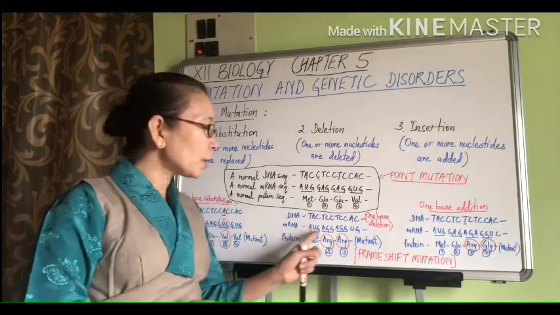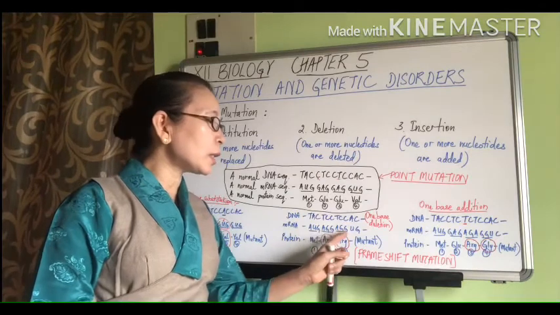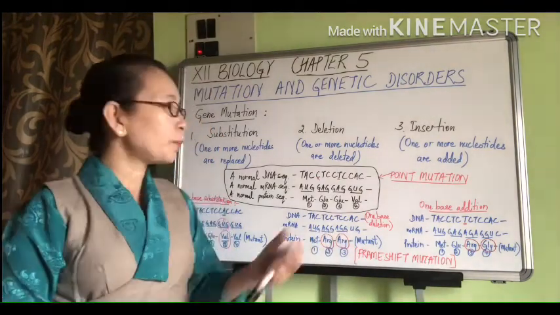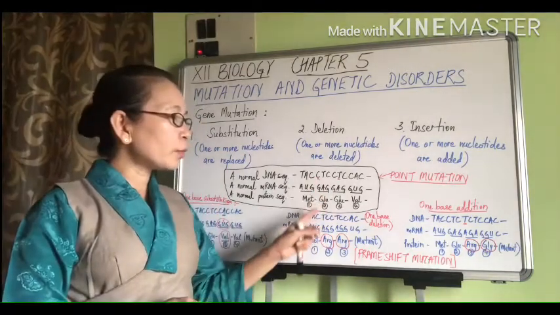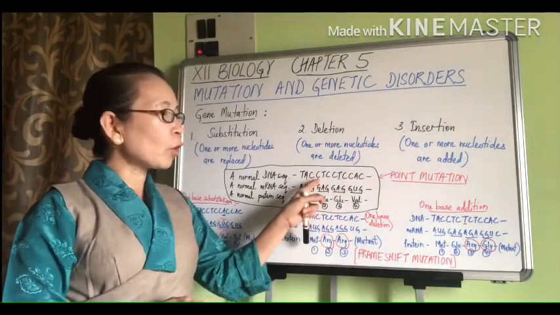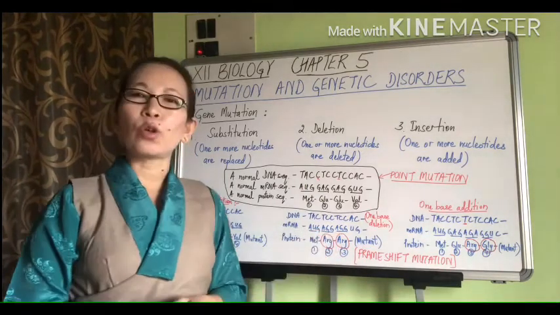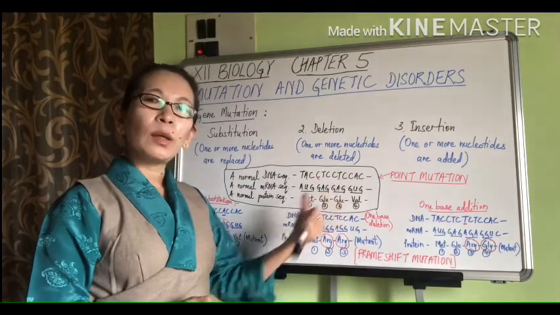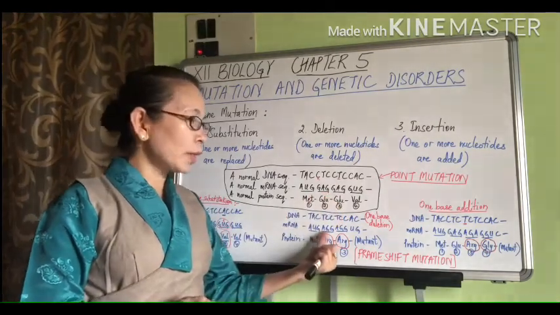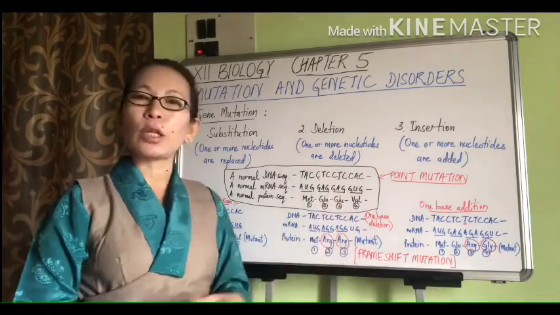And because of this the mRNA sequence is going to be AUG, AGG, AGG, UG. So because of the deletion of a single base, from the point of deletion onward, there is a change in the codons. The second codon was GAG in the normal mRNA, but now it is AGG. The third codon was GAG again, here it is AGG.